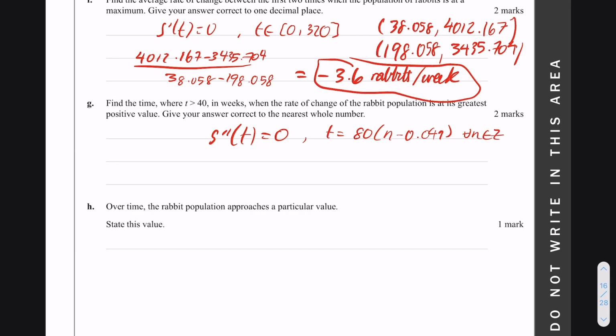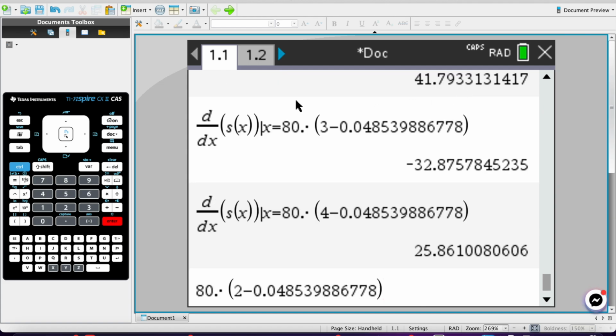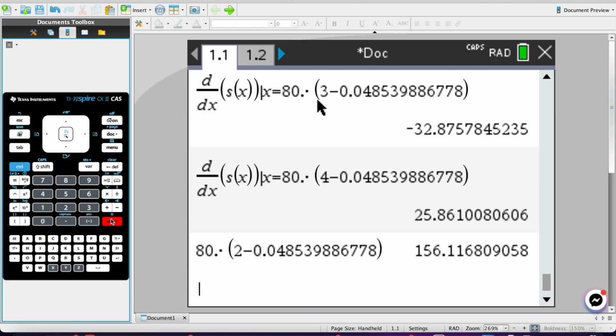And then you could say greatest positive occurs for n equals 2. And you want the time, so t is equal to 156 to the nearest whole number weeks.